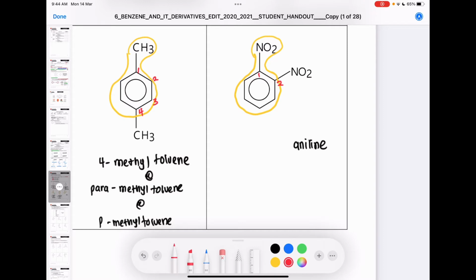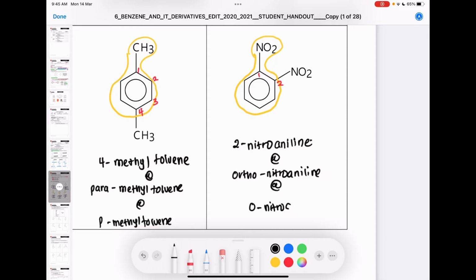So our answer here is 2-nitroaniline, or ortho-nitroaniline, or O-nitroaniline.